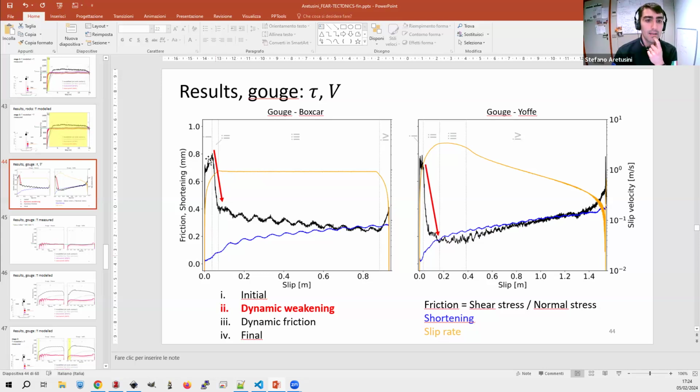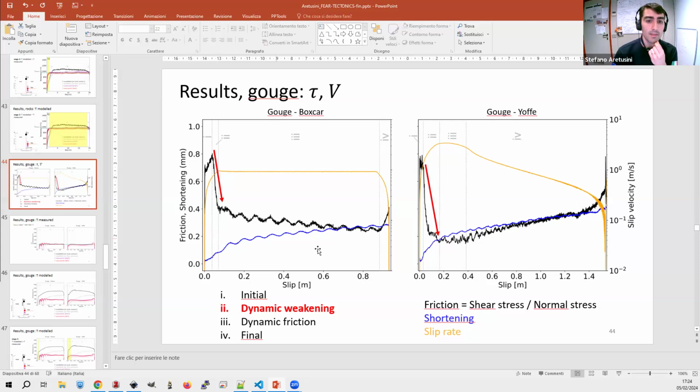And typically it happens right after this stage one in gouges. It's marked by this slip hardening stage, and it takes some slip, in fact some mechanical energy, to undergo localization here.